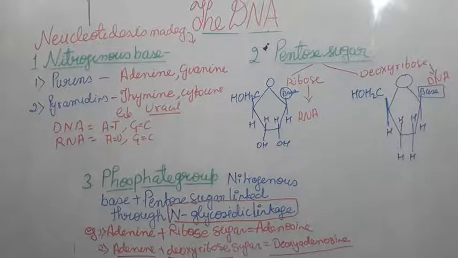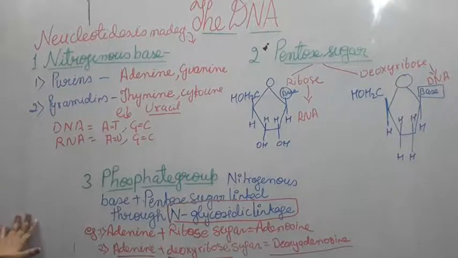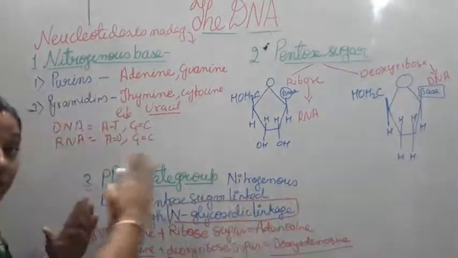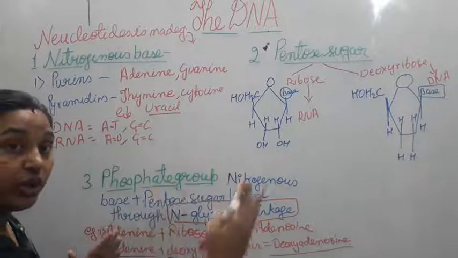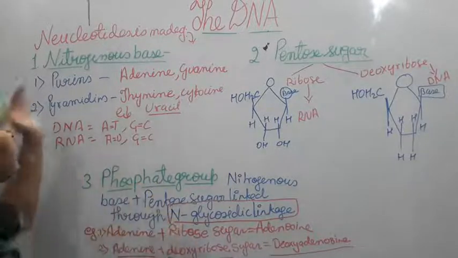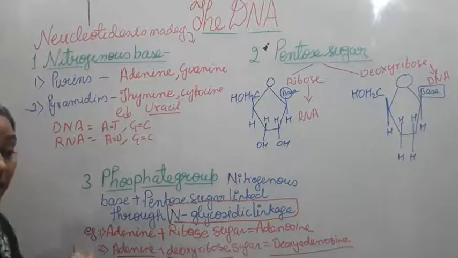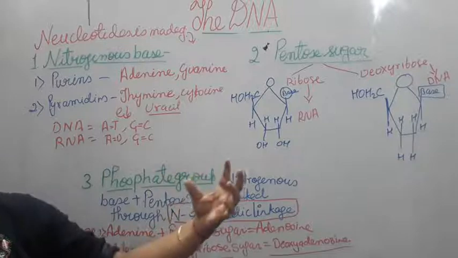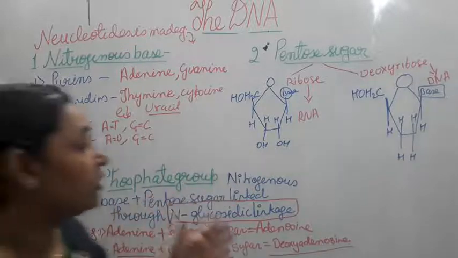In the same way, nucleotides may join to form a polynucleotide chain. If so many nucleotides are joined together, they will be called a polynucleotide chain. So this was about this much.